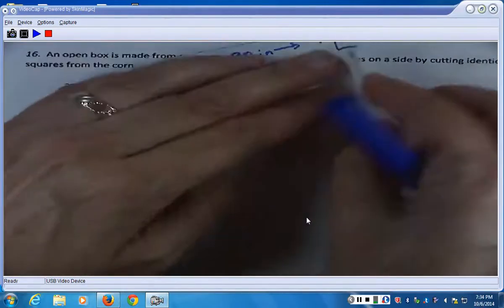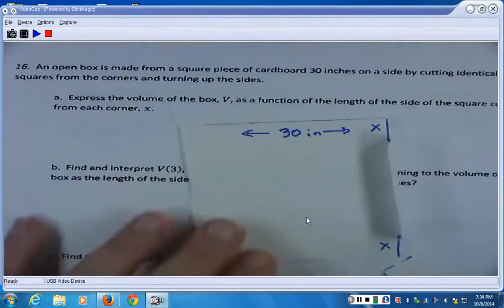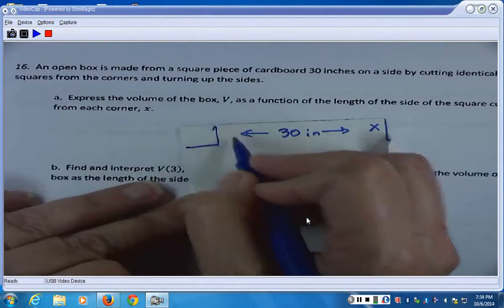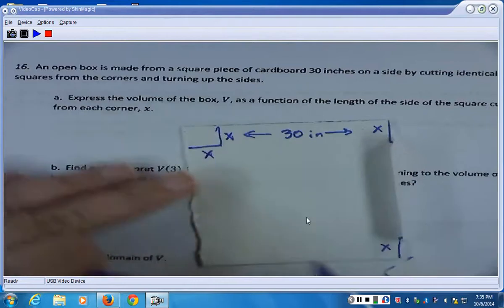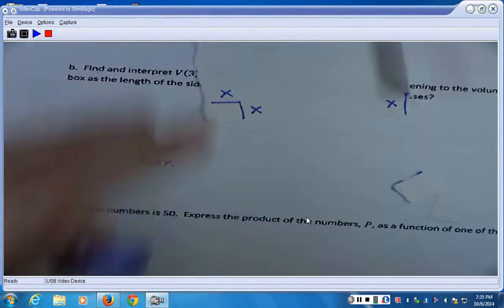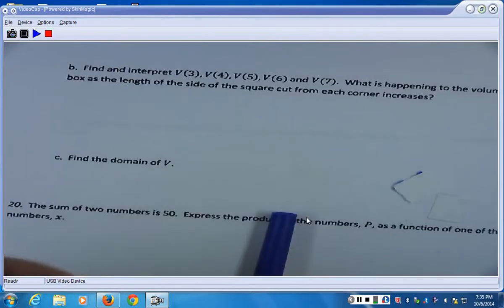Okay, and I fold this up, and that's one side of the box. And then I'd have an X and X over here. Okay, and so this is what my box would look like.